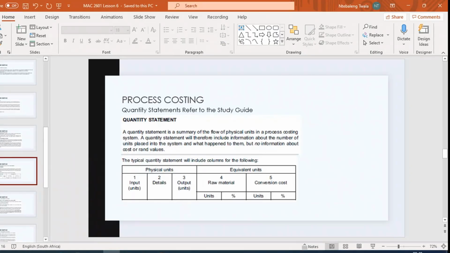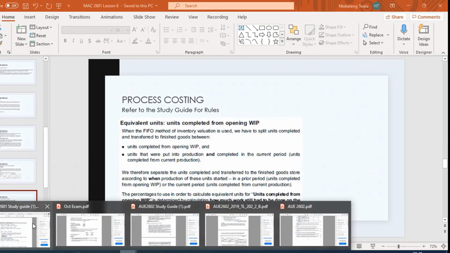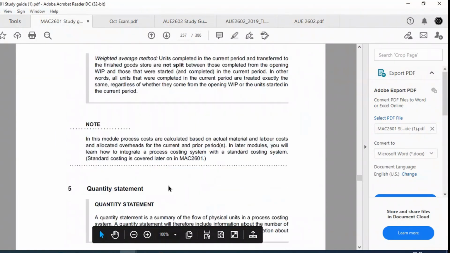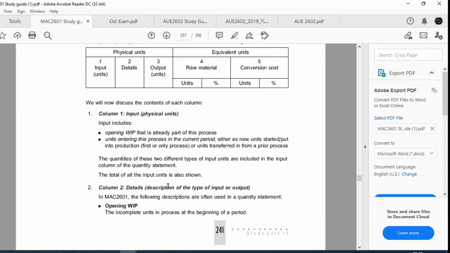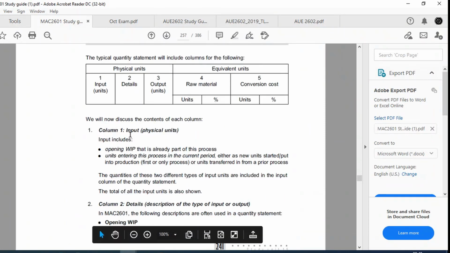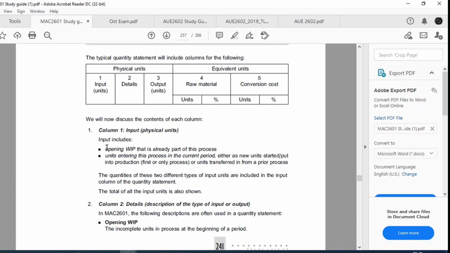So before we get into equivalence, let's go to what's in the study guide. These things build up as you go, one by one, but it's easier. Make sure that you understand them. As you see here, column 1, as I've mentioned, what would you put under column 1? It's your opening WIP, and those units that are just entering the process within the current period.